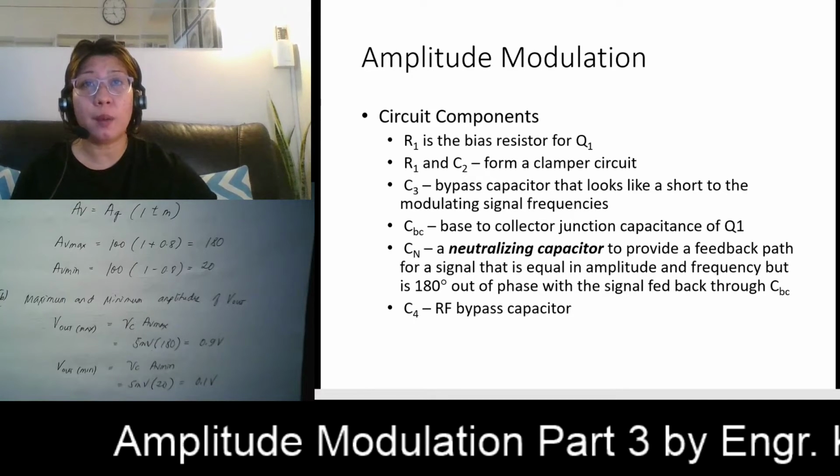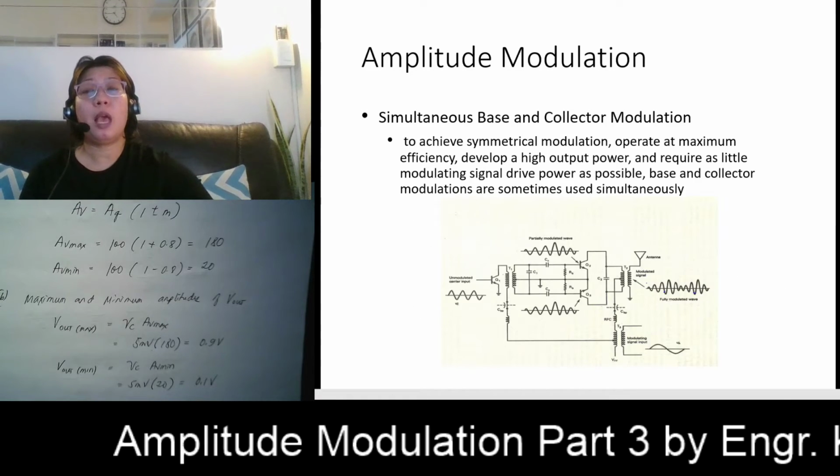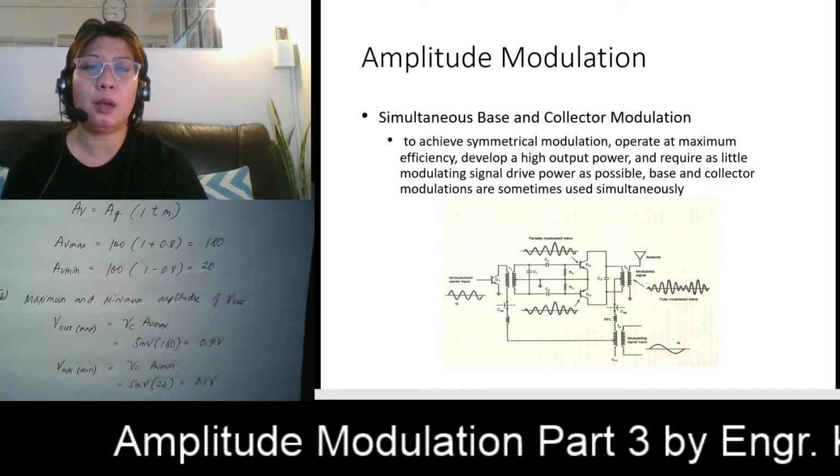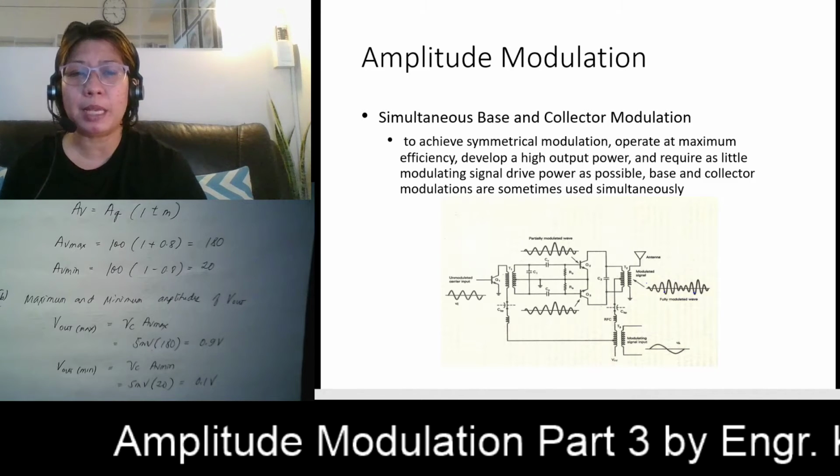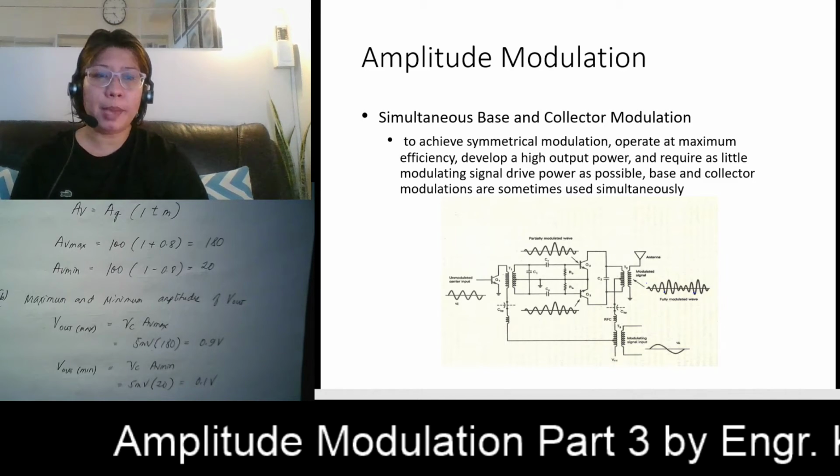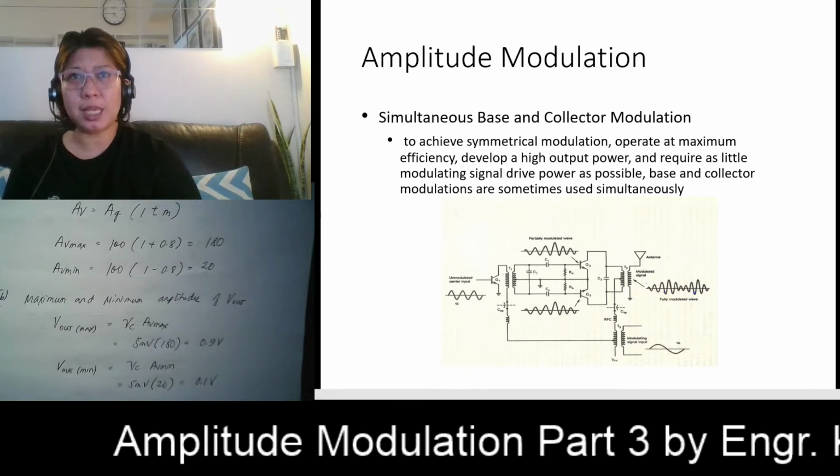So we have here our next figure. For our next figure, we have a simultaneous base and collector modulation. It says here to achieve symmetrical modulation, we must operate at maximum efficiency, develop high output power, and require as little modulating signal drive power as possible. We can make use of base and collector modulations simultaneously.